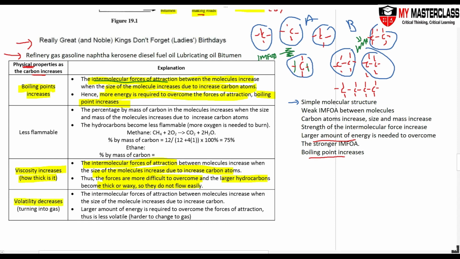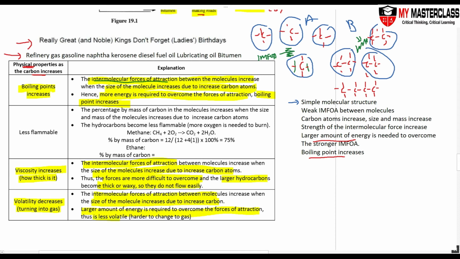Okay, volatility means it turns into gas easily. So when the size and mass increase, your volatility will decrease, meaning it is harder and harder to turn into gas. Same idea, intermolecular force increases due to the size and mass increase. A larger amount of energy is needed to overcome this strong attraction, so it's harder for the liquid to turn into gas.